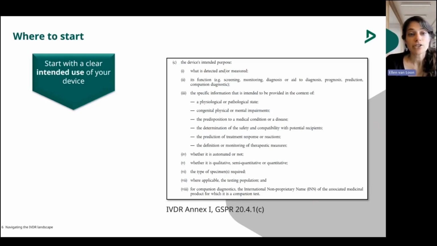For example, it should mention what is detected or measured, the function of the device, and what the type of specimen is. So make sure that you describe in your intended use every point that is described in this GSPR.